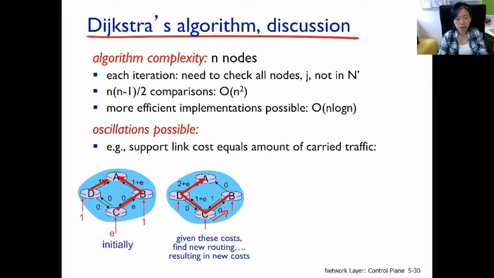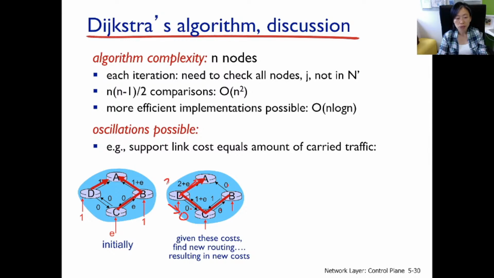C's cost going this direction, 0 plus 0, cost is 0. The cost of the other direction, 1 plus E, 2 plus E, 3 plus 2E. So C is going to switch going this direction to send the traffic. What about D? Going this direction, 0 plus 0 plus 0.